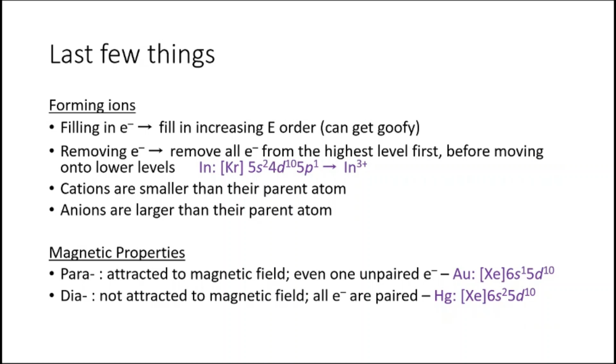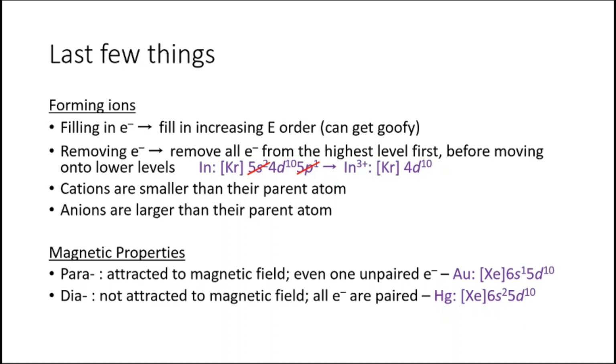And so in n equals 5, I have my 5s2, 5p1, meaning n equals 5 has 3 electrons in it. And so if we want to make an indium with 3 plus, we're going to remove the electrons out of both the 5s and 5p, and we end up with krypton 4d10.